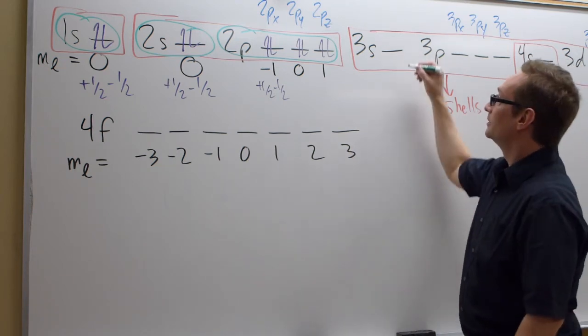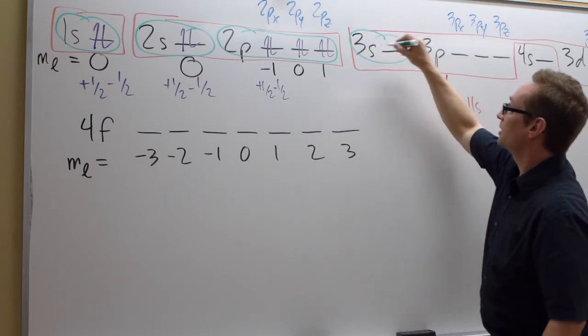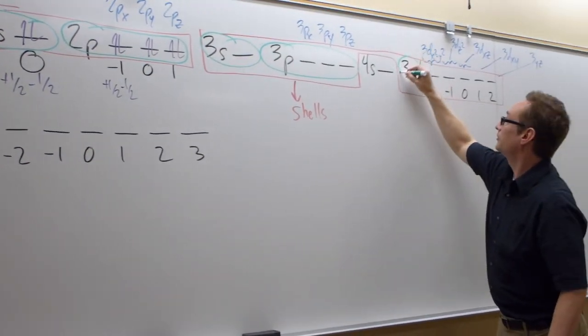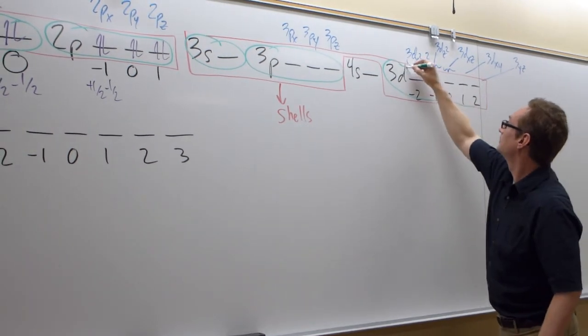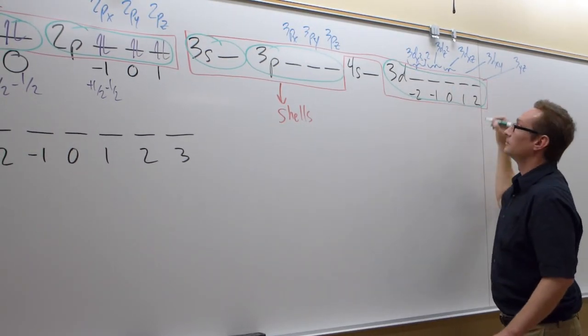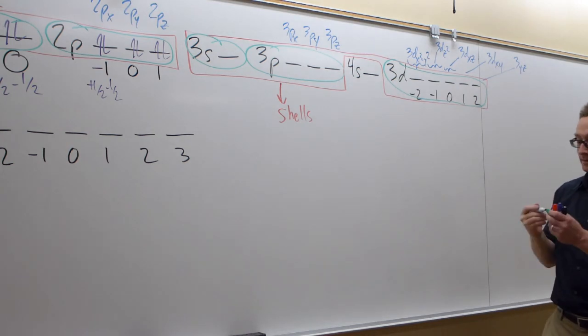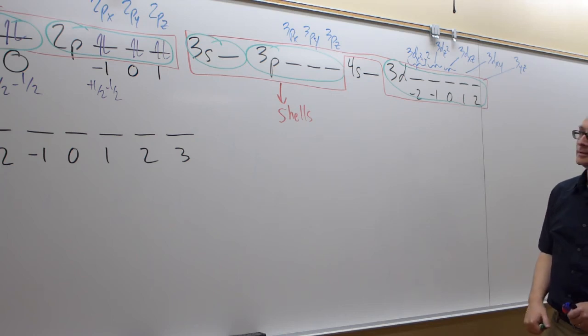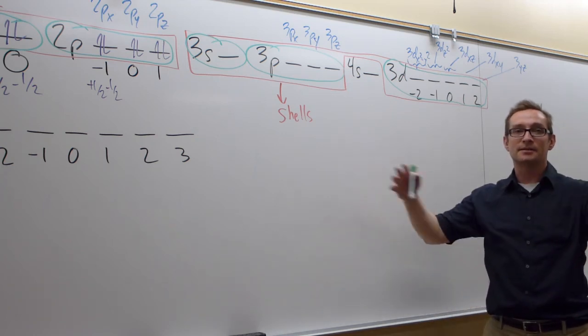All right. Here's the 3s subshell, the 3p subshell, and the 3d subshell. So shells are like the big category.